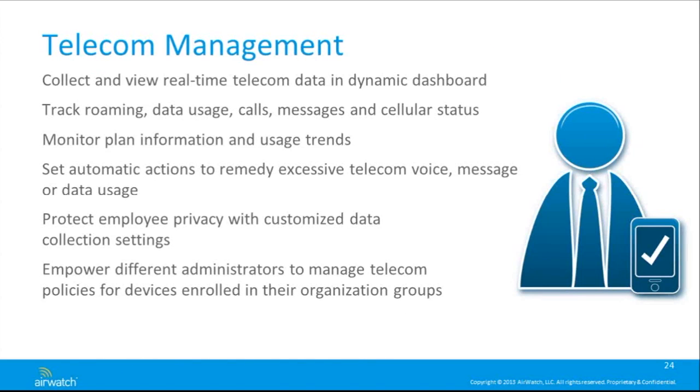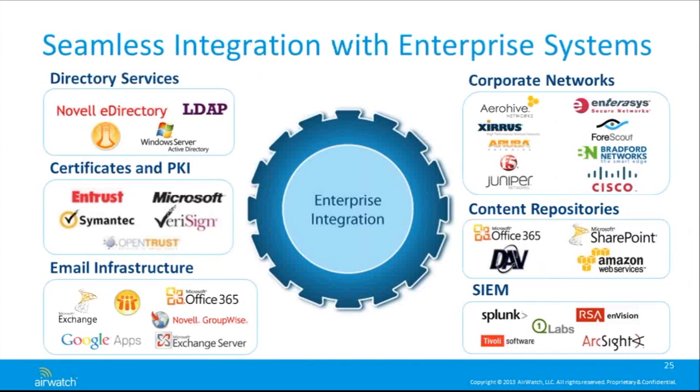There's some telecom management capabilities built into the solution, so you can track roaming, data usage, text, calls to help with bill shock. We can turn roaming off and on. There's lots of real-time reports that you can get, so a lot we can do here with telecom management as well. Talked before about integrating to existing enterprise systems.